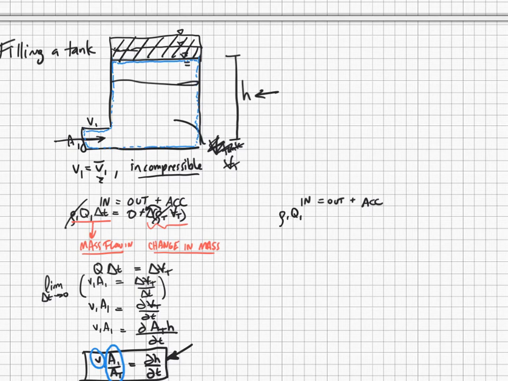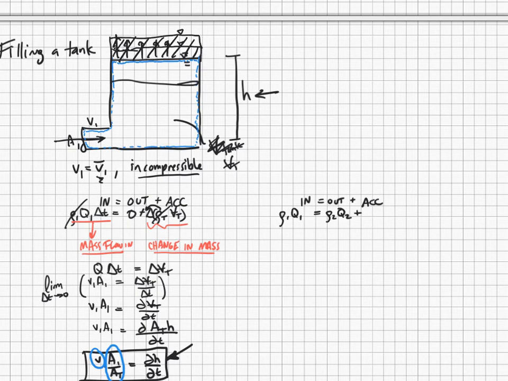Okay, so that's the rate that it's flowing in. I'm going to leave it as a rate, so I'm not going to put the delta T there. Equals out. Well, what's flowing out? Rho 2, Q2, because now that is leaving the control volume. And then plus accumulation.